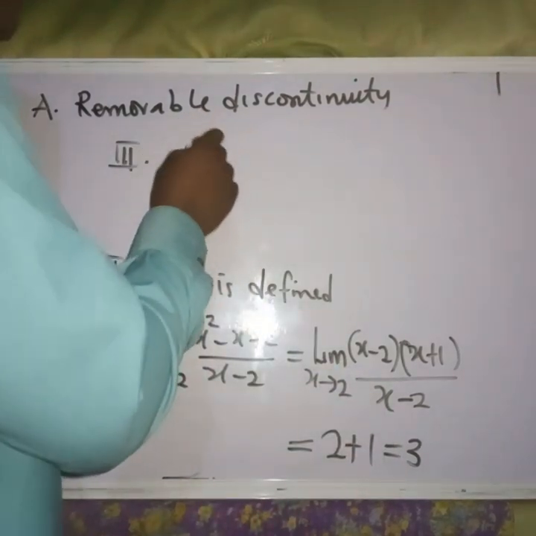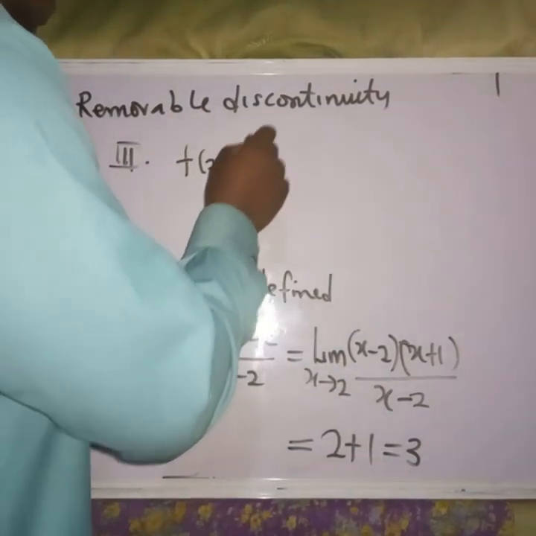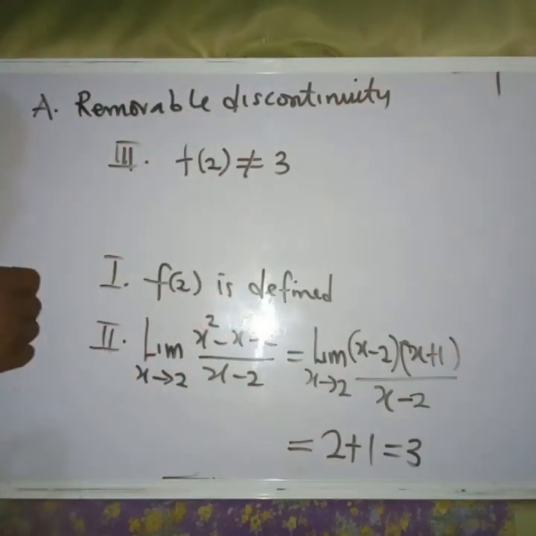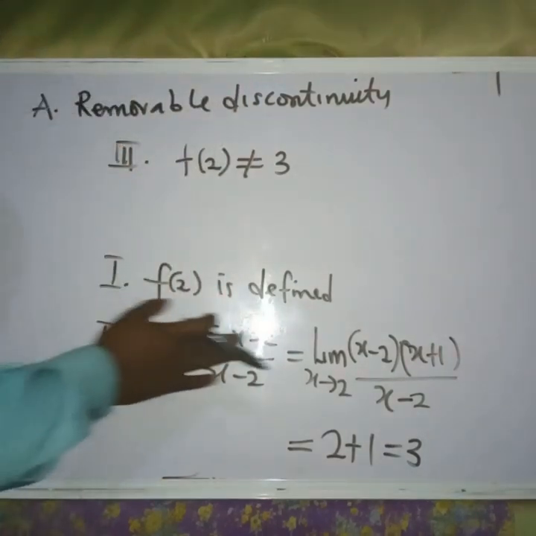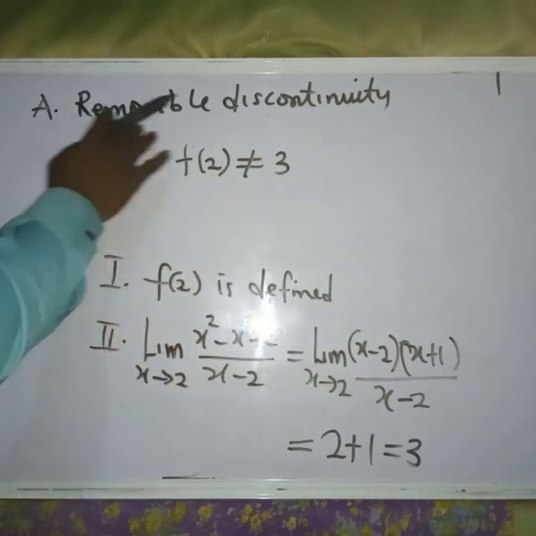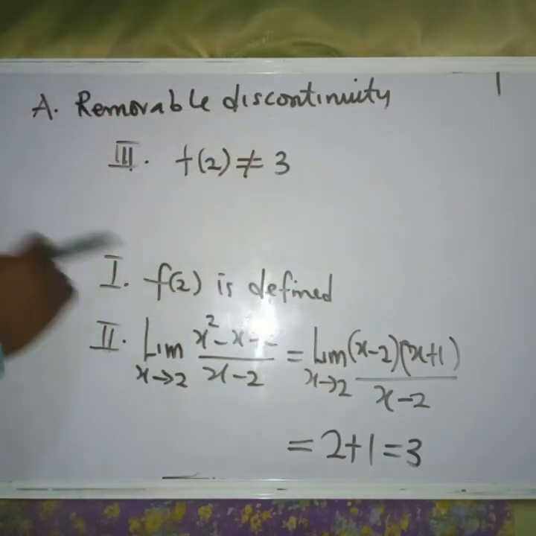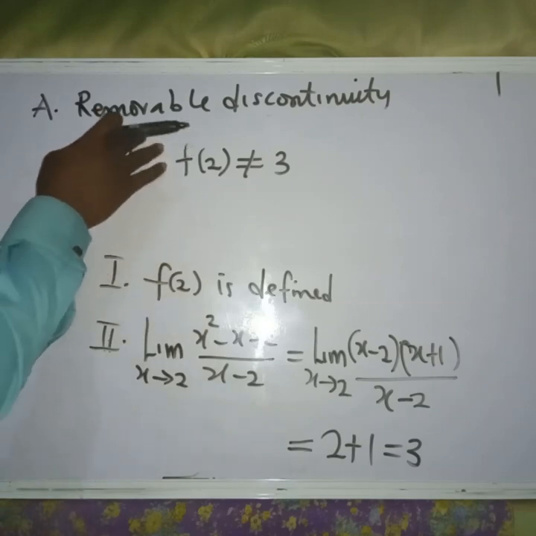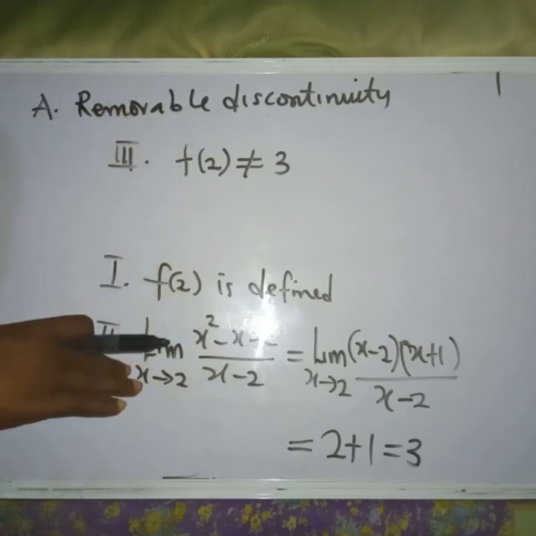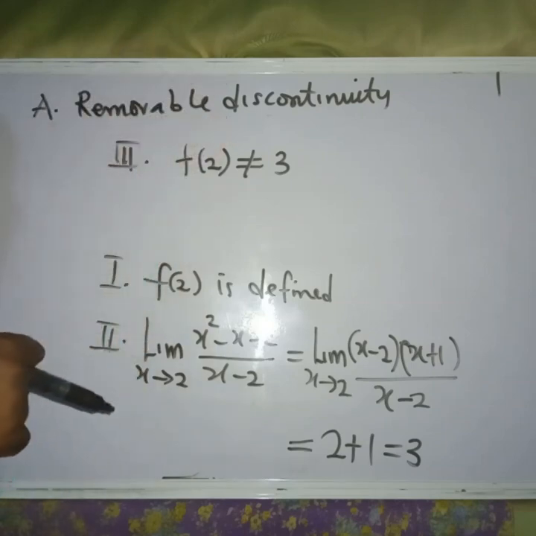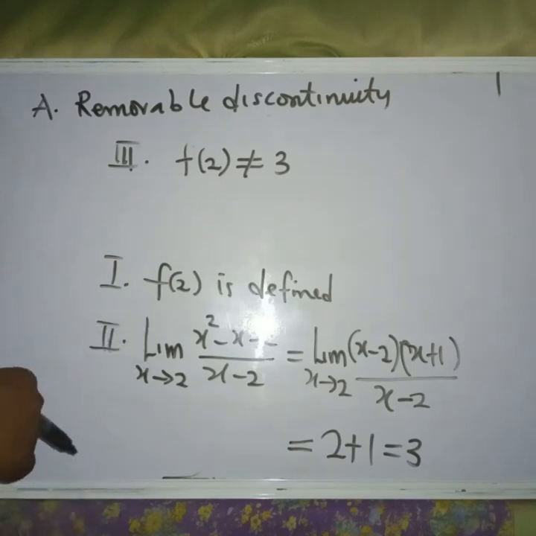So here, f of 2 is not the same as 3. Because of this, though it is removable here, we cannot call it a total discontinuous function. We will refer to it as a removable discontinuous function.